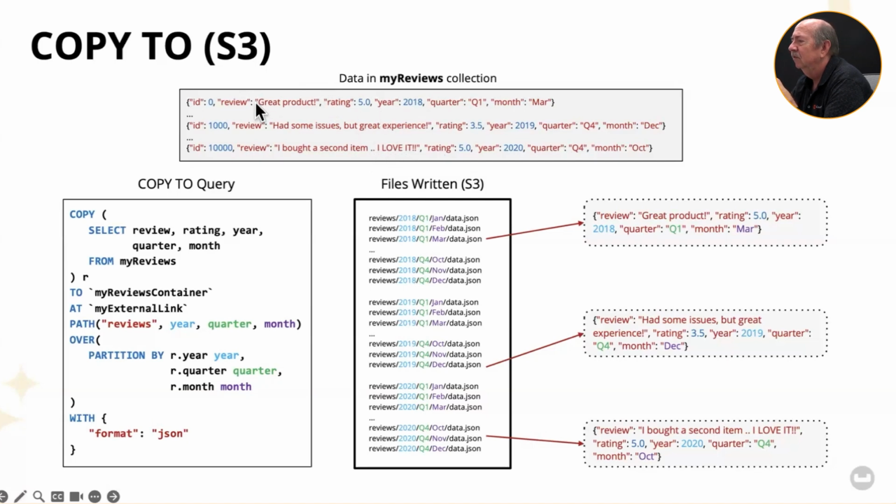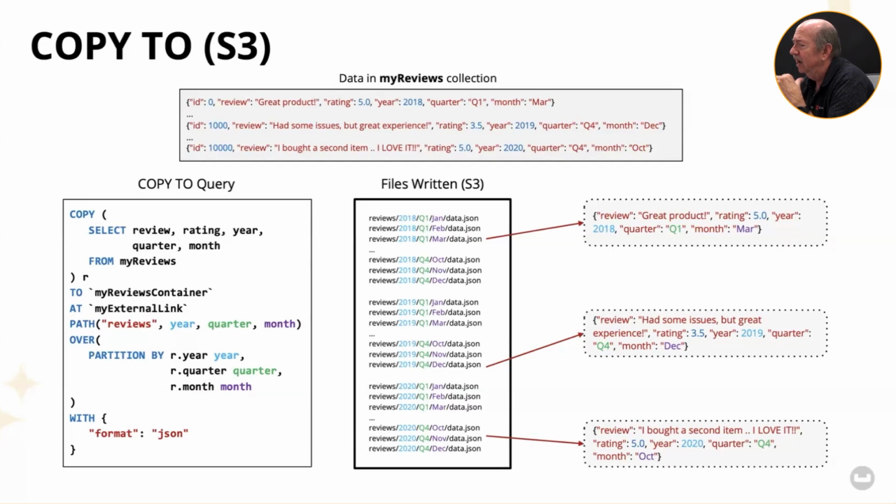Here we've got our reviews with information like what's the review, what's the rating, and what's the year, quarter, and month associated with that review. Our copy to query can query our internal, stored collection in Capella Columnar. We can copy the result of that query out to our S3 storage or other object store, specifying the path information that we want.